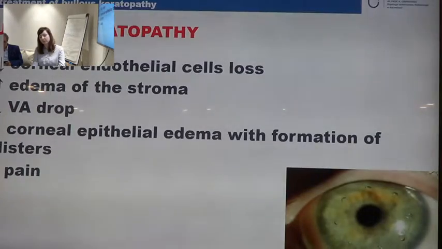The natural progression of the disease includes loss of corneal endothelial cells, presence of corneal stroma edema, followed by visual acuity drop. With the overhydration of the corneal stroma, the epithelium becomes edematous and forms painful blisters.